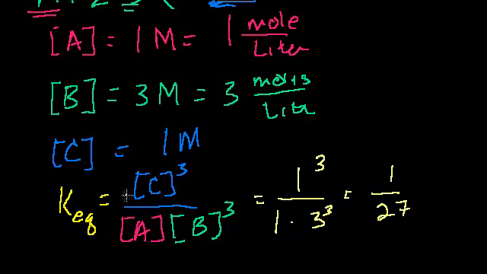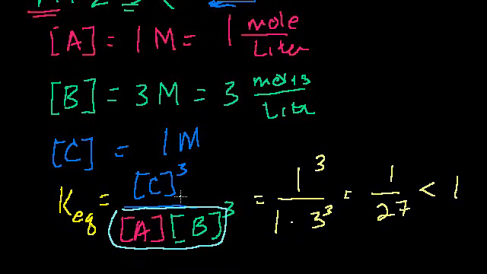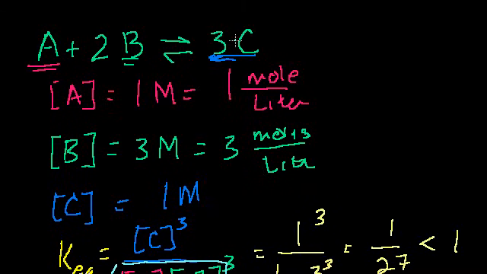There's a couple of things we can think about. The fact that this is less than 1, what does that mean? Well, that means that the concentration of the reactants is much larger than the concentration of the products, where we view the products as whatever's on the right-hand side of the equation. So once this reaction goes to equilibrium, we're still left with a lot more of this than this.